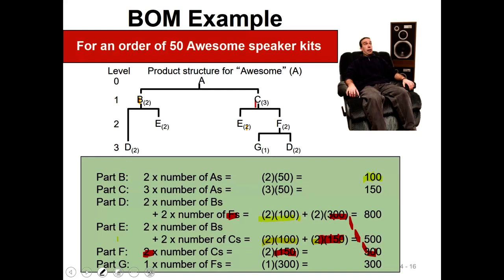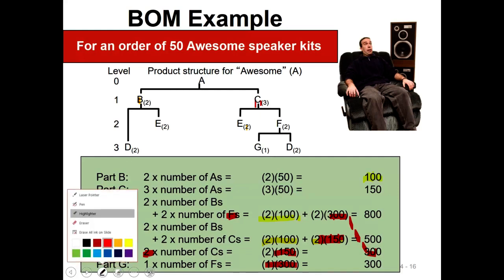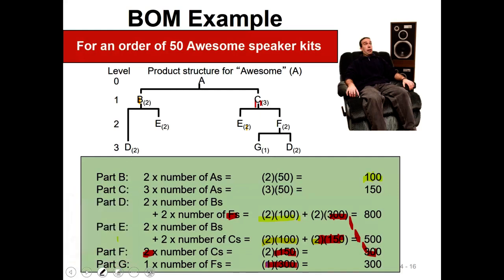F, I already explained why F equals 300. But G is okay. G is only associated with the F level, like the C level. To make one F, you need one G. So here it is. And this last one is the G level.